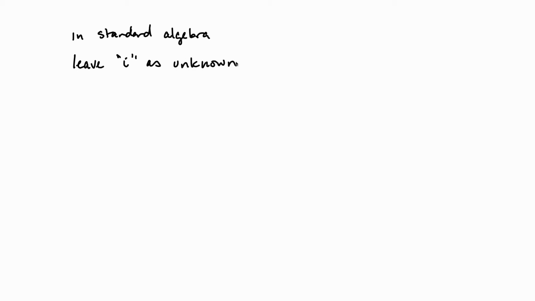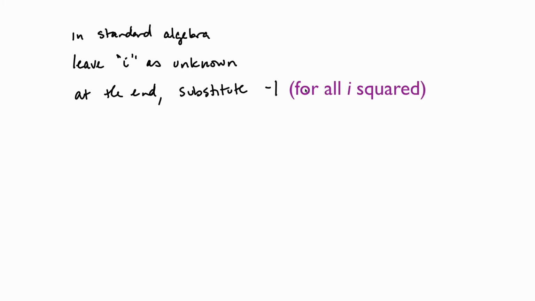As if they were some other x or y or variable thing. And then at the end, substitute -1 for all of the i squareds.